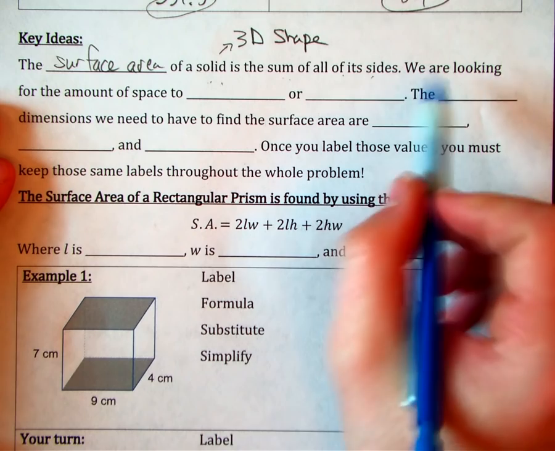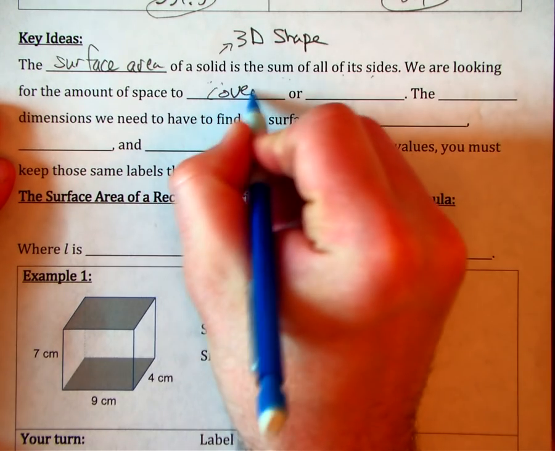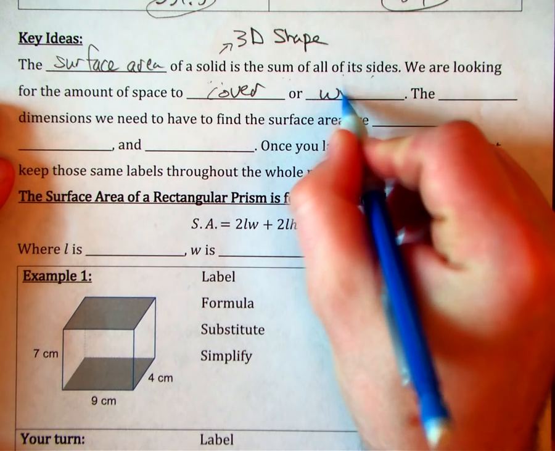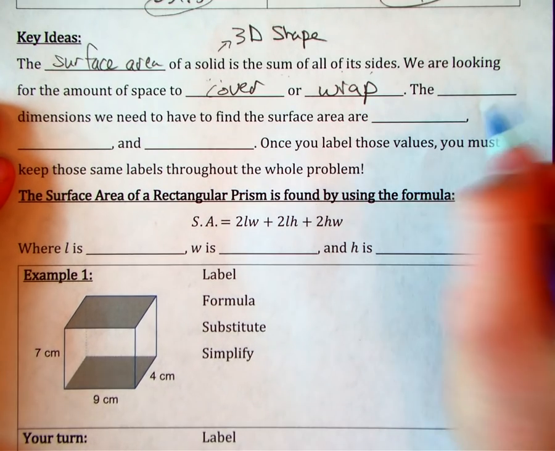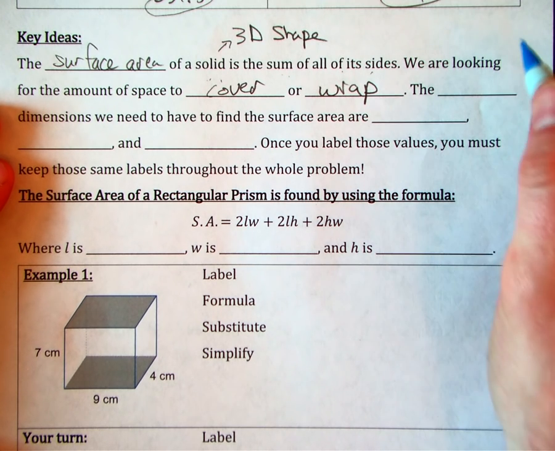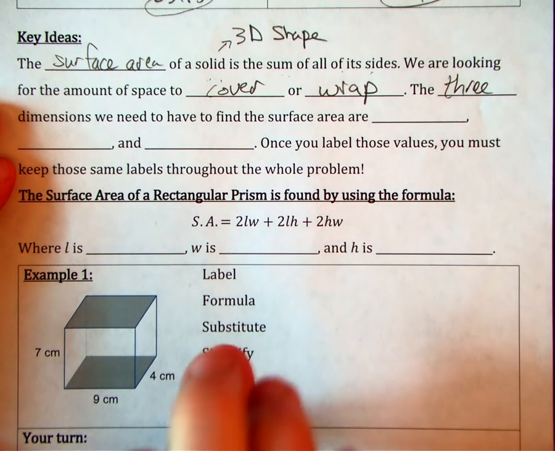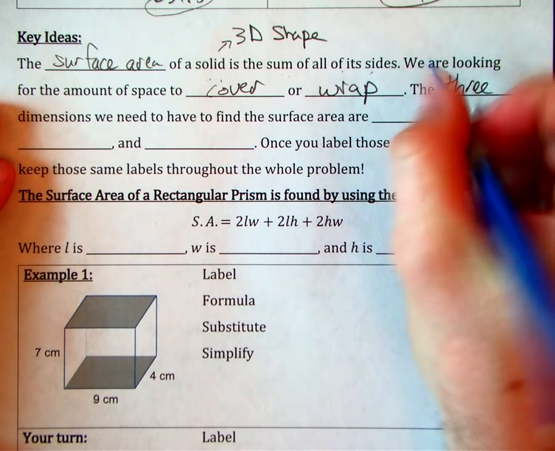So it's talking about the amount of space to cover, or to wrap. If you think of wrapping a present or trying to cover a table, that's kind of the idea that we have for this.